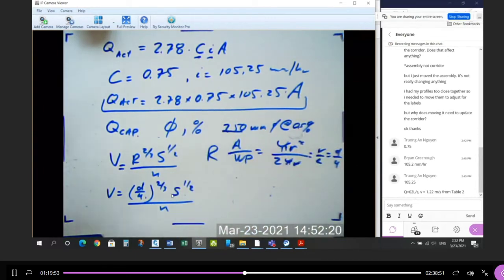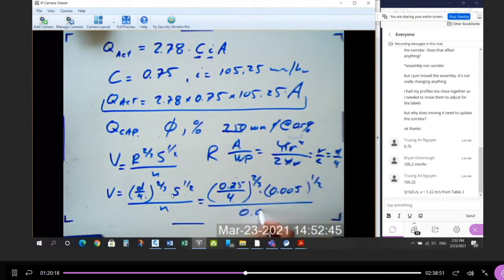I want to show the calculation gives you the same information. So we're going to plug this in. 0.25 in meters, so the diameter is 0.25 divided by 4 to the exponent 2/3, times the slope in meters per meter, 0.005, to the half, and then we divide by 0.013, which is the roughness coefficient.